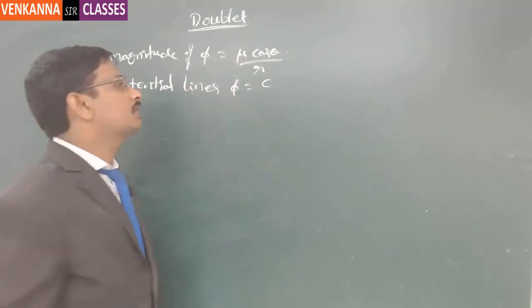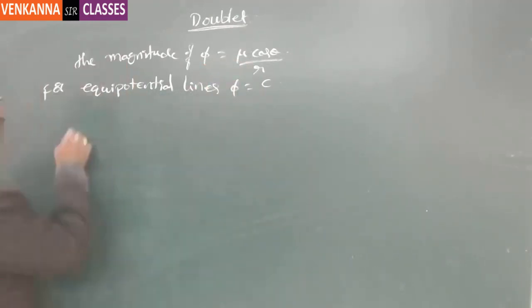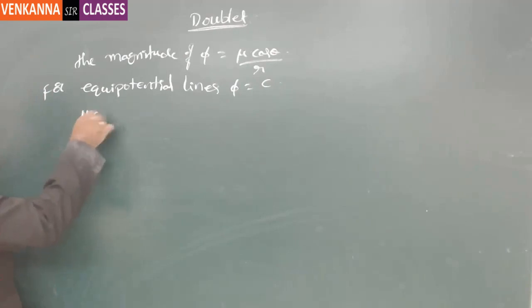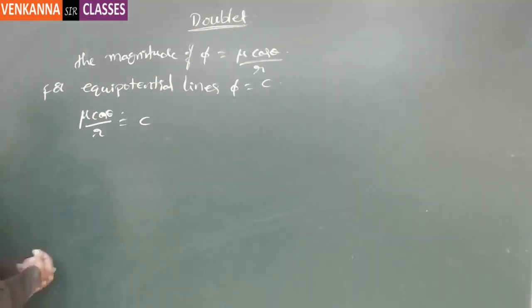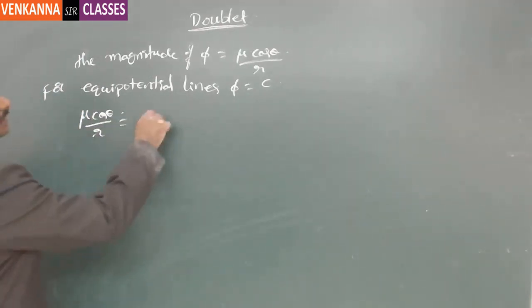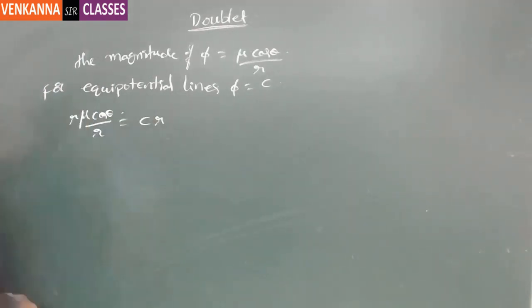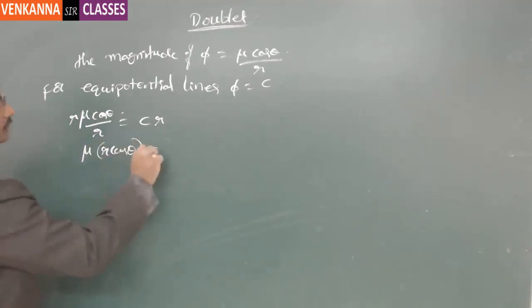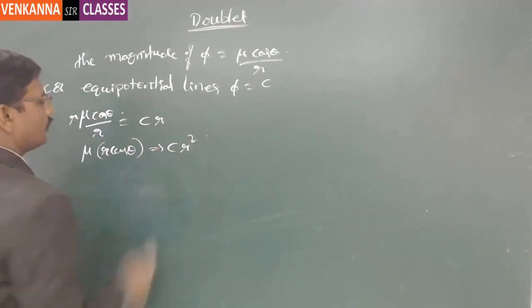Now if you equate this to the constant, then the equipotential line will be mu cos theta by r equal to constant. If I multiply on either side with r, this is r cos theta, so mu into r cos theta is equal to c into r square.